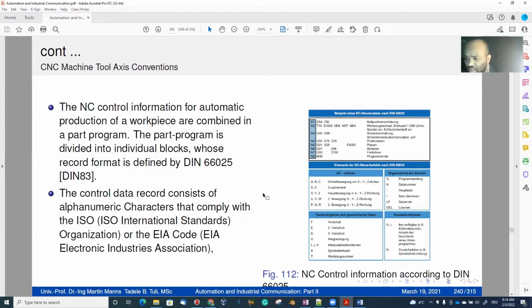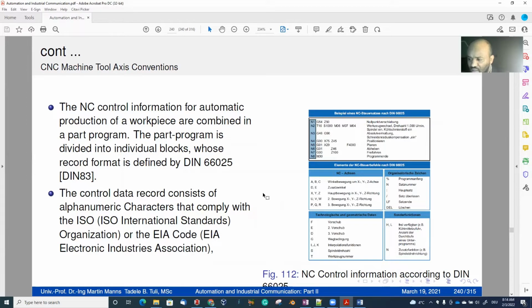Then the other is a command called T, which we use for tools. We say tool number 1, tool number 2, tool number 3. You assume you have multiple tools for different processes. For example, for rough cutting you may need a different tool, and for surface finishing, for smoothing, you may need different tools. These tools are identified by their tool number, tool 01, 2, 3, 4, 5, 6, and accordingly the machine will exchange the tool and then perform the operation.